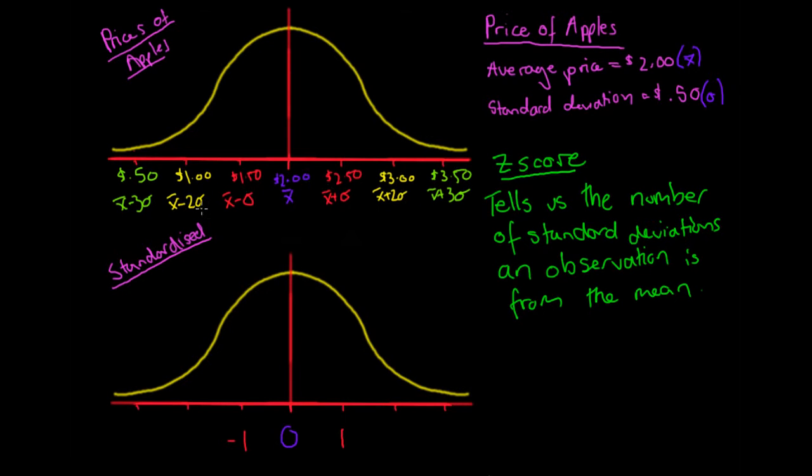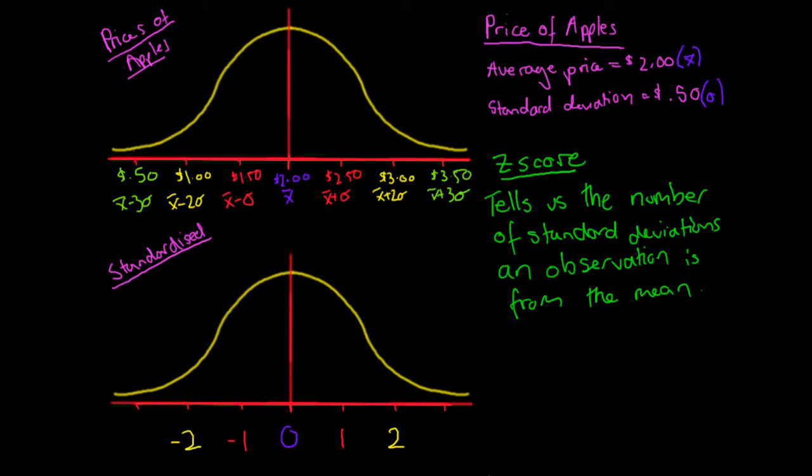For 2 standard deviations, it's 2 standard deviations away from the mean when we go up, so the z-score is positive 2. And for the negative 2 standard deviations, the z-score is just negative 2.